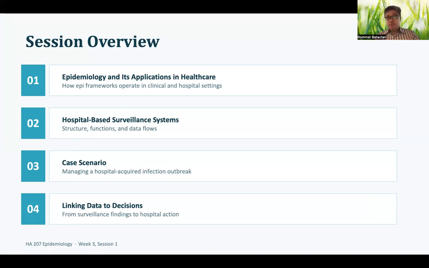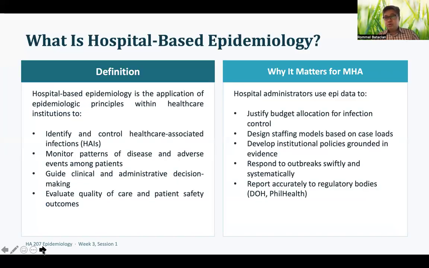So we'll start broadly from the concept and frameworks, and then progressively zero in to surveillance systems, and using that to answer particular situations that might happen in the hospital setting. So let us define first what is hospital-based epidemiology.